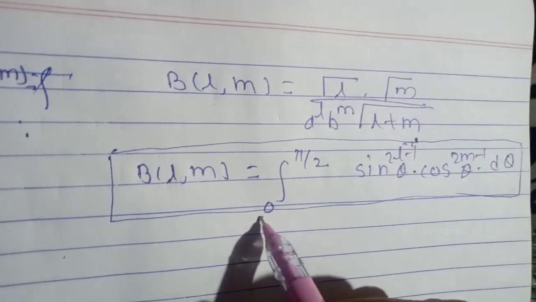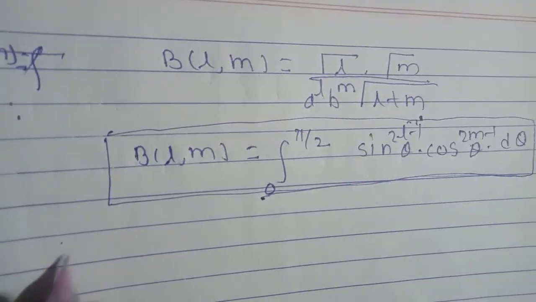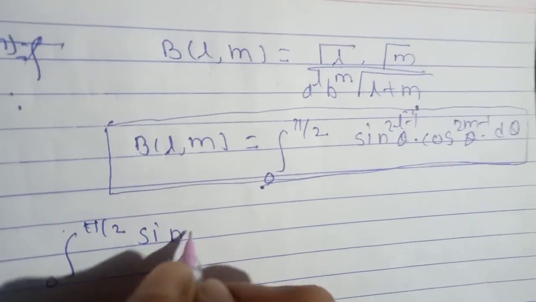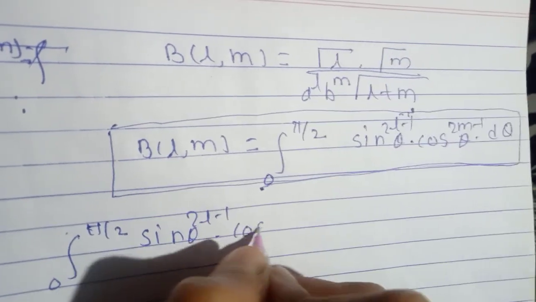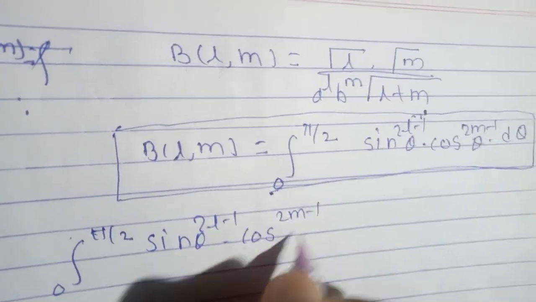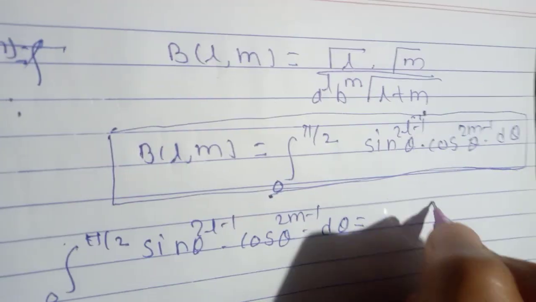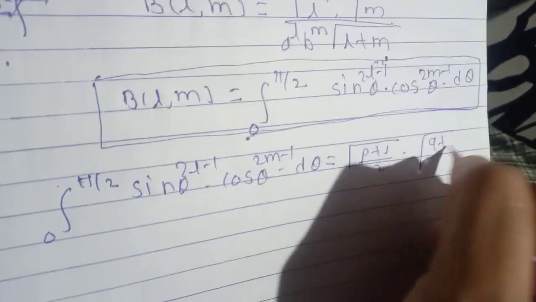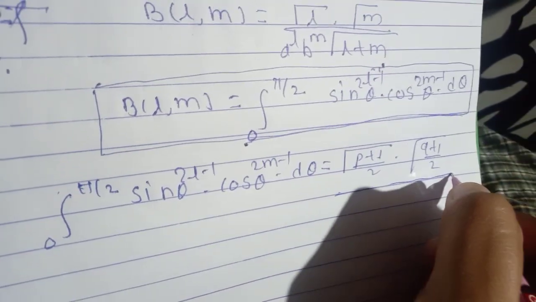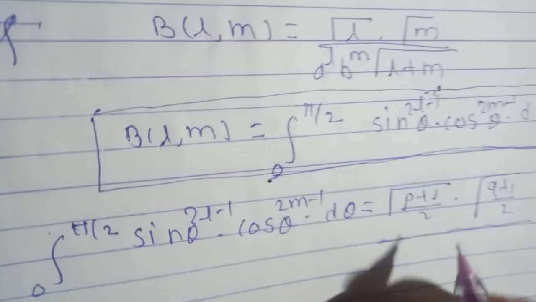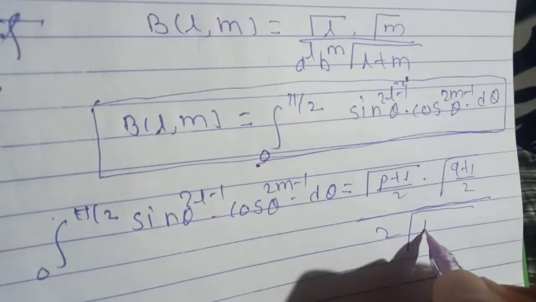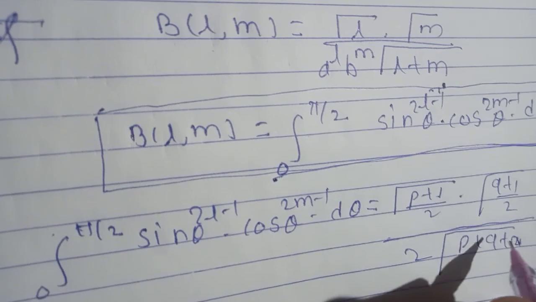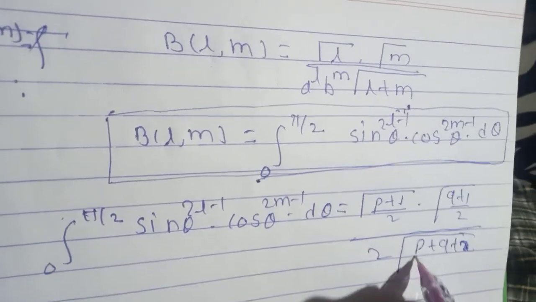Then we calculate their values, that is integration 0 to pi by 2 sine theta raised to p into cos theta raised to q d theta is equal to gamma of p plus 1 divided by 2 into gamma of q plus 1 divided by 2 divided by 2 gamma of p plus q plus 2 divided by 2.